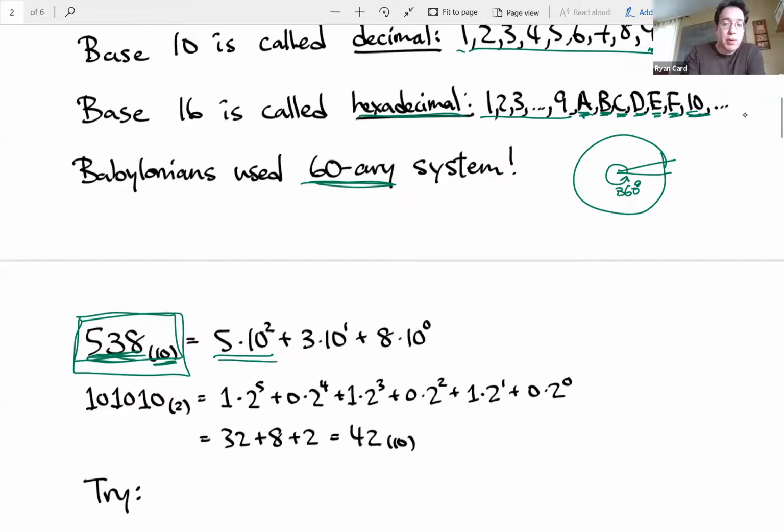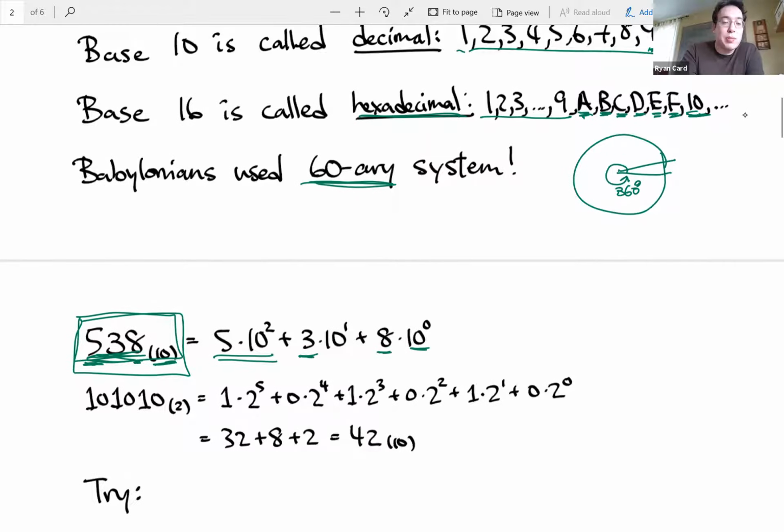So the 5 in the 538 means we're using 5 times 10 to the second power, 5 times 100. That represents the first digit. And on the 10s digit, we have a 3, so 3 times 10 to the first power. And then the ones place we could write down, any base to power 0 is going to be 1. So 8 times 10 to the 0 is going to give you the ones place 8. And you add them up, and that's the number it's supposed to represent.